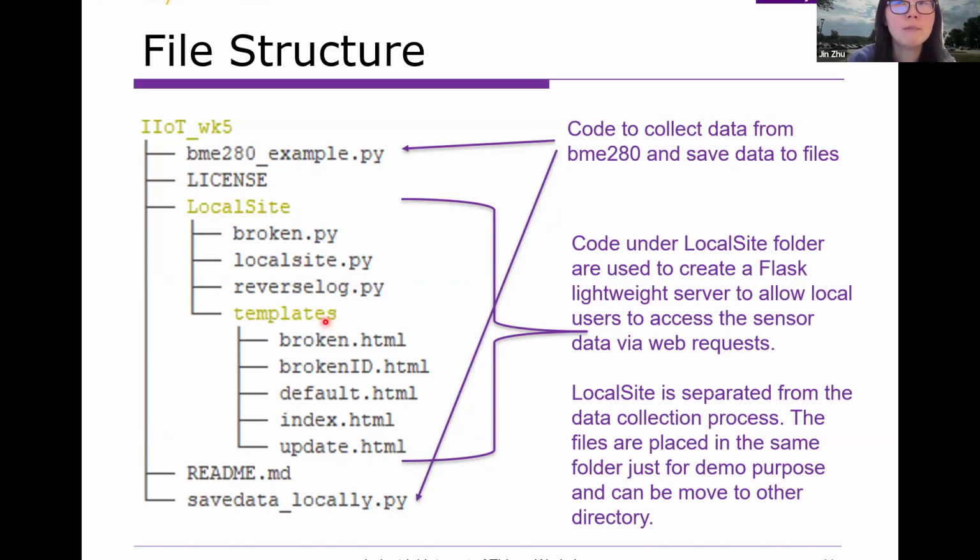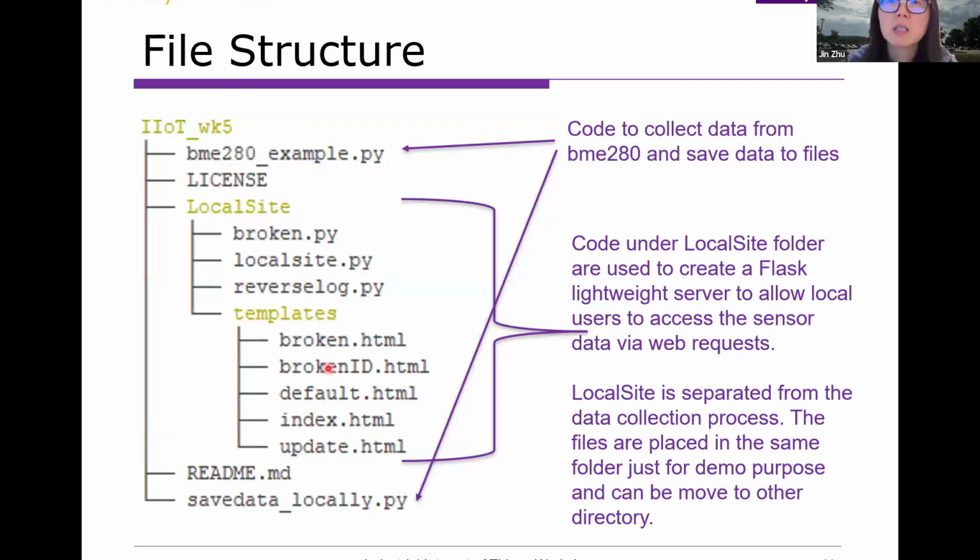You have to remember that by default, the templates folder under local site is required for Flask. Any web page templates are going to be stored beneath it. That's the overall file structure.